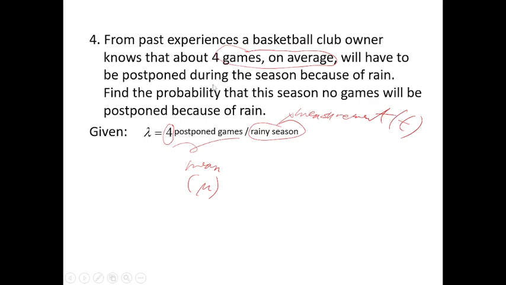Now, find the probability that this season no games will be postponed because of rain.